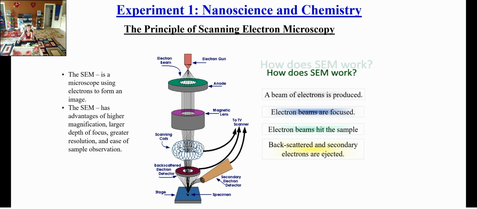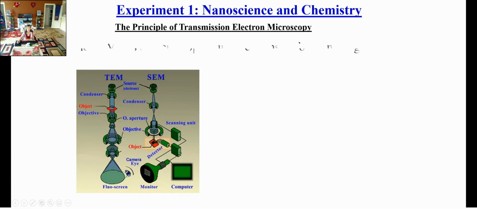And some electrons are simply absorbed, and the higher energy level electrons will move back to the lower. In this case, you are going to result in emission. That emission is related to different wavelengths, particularly in the X-ray region. And then you collect the different signals and generate an image. That's how you are going to do it.